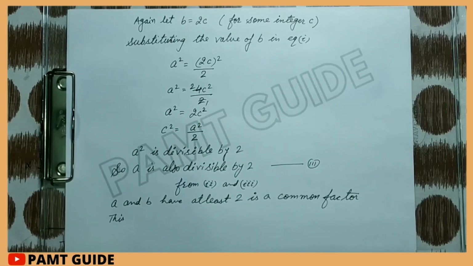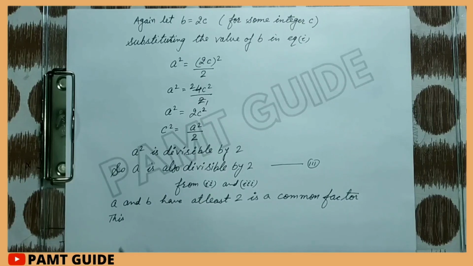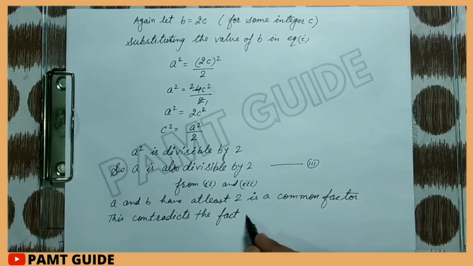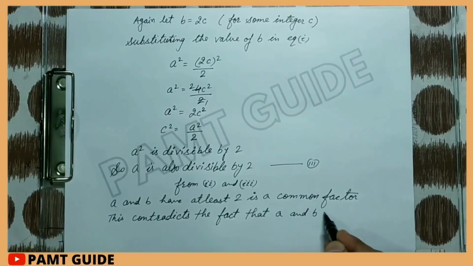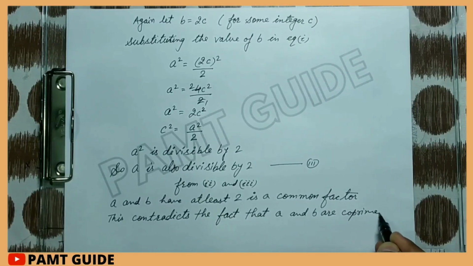And this contradiction has arisen from our wrong assumption, so we can say that this contradicts the fact that a and b are co-prime.